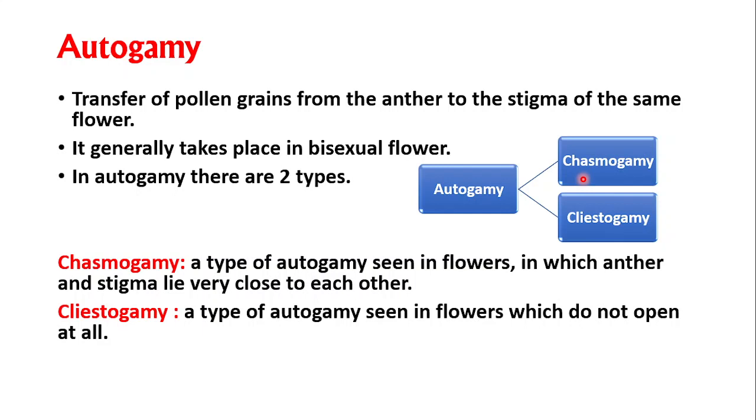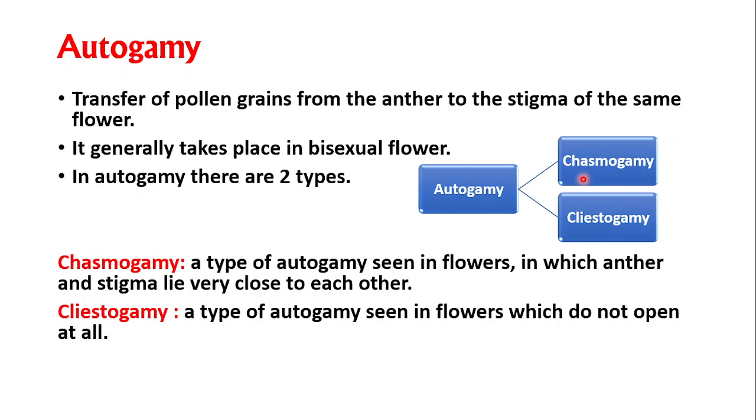Chasmogamy is a type of autogamy or self pollination seen in flowers that are so special that they have the anthers and the stigma lying very close to each other.